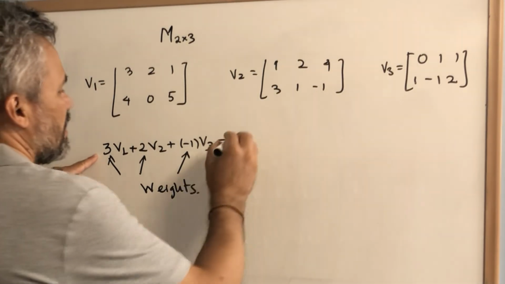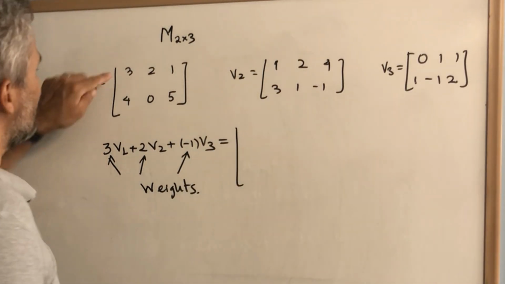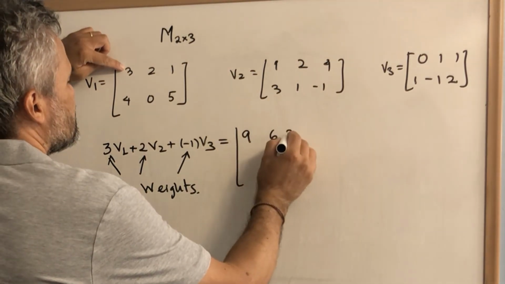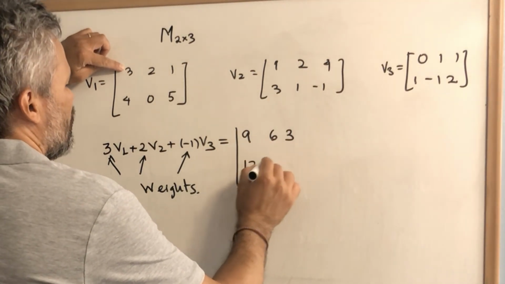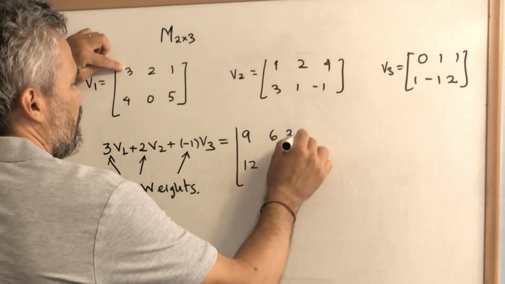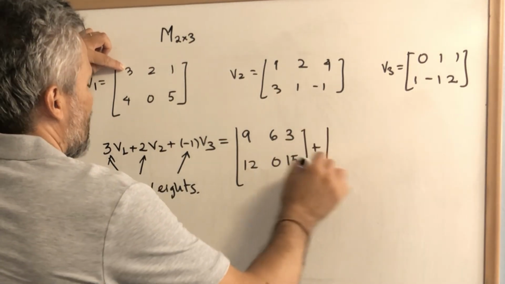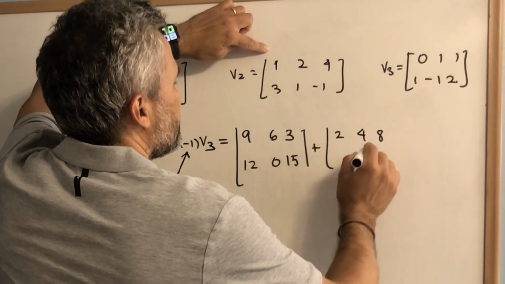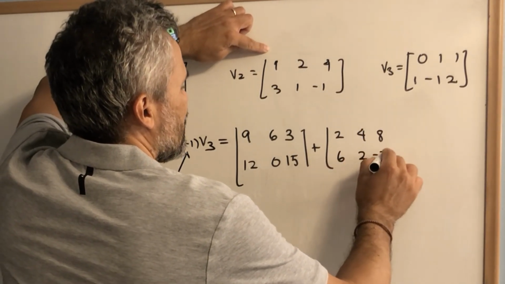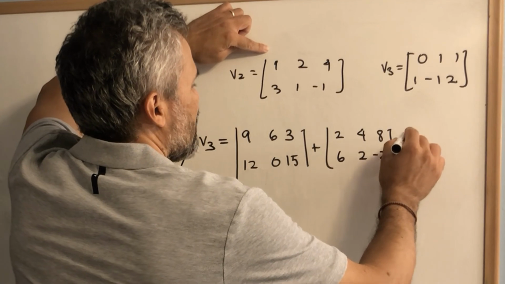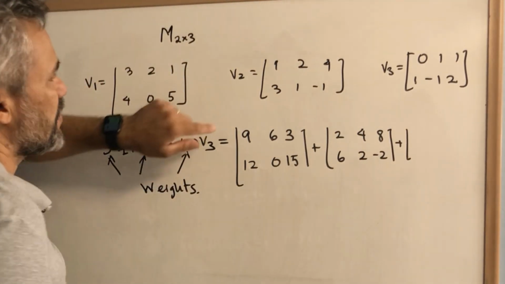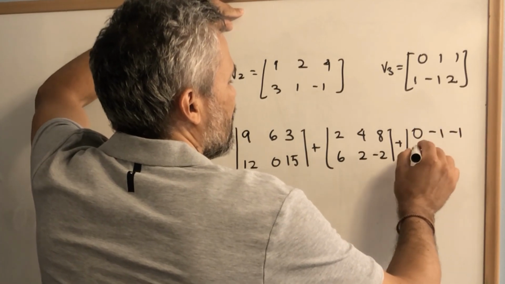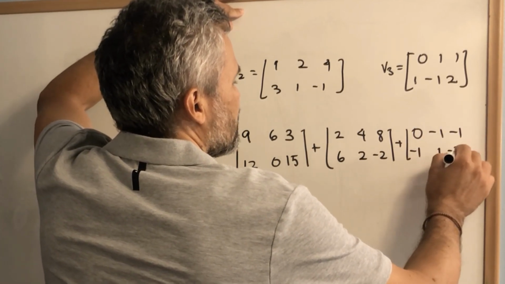In this case, we get the matrix 3 times v1, which is 9, 6, 3, 12, 0, 15, plus 2 times v2, which is 2, 4, 8, 6, 2, negative 2, plus negative 1 times v3, which is 0, negative 1, negative 1, negative 1, 1, negative 2.